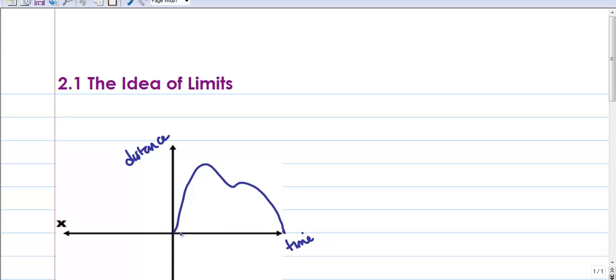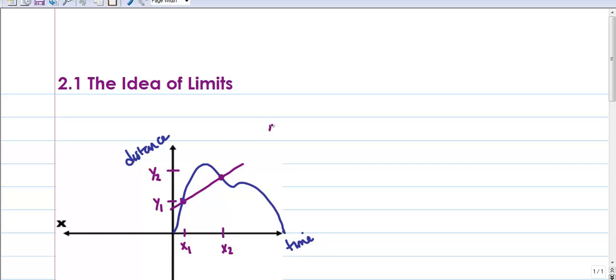And so if I want to know what my average speed was between maybe this point and this point, I can compute that using the slope. And if you remember, the slope is just the difference between my x-coordinates and the difference between my y-coordinates.